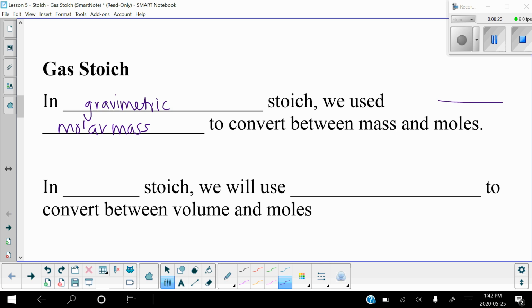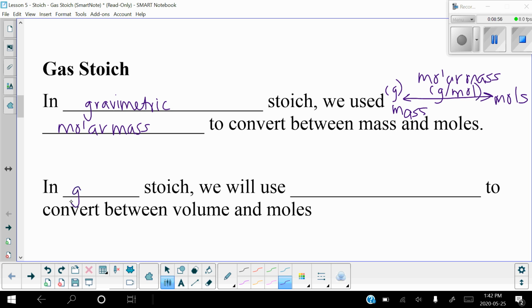So you'll remember I sometimes will draw this, saying that if you're going from mass to moles, we use molar mass as a converter, because our converter has both grams and moles in it. Converter usually has both. Okay?